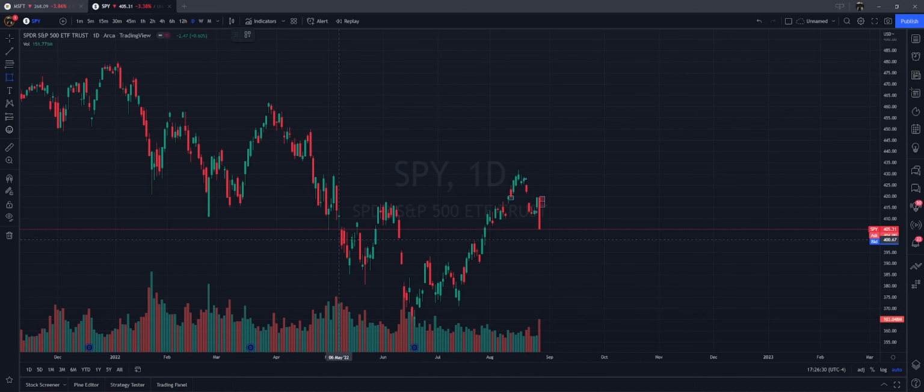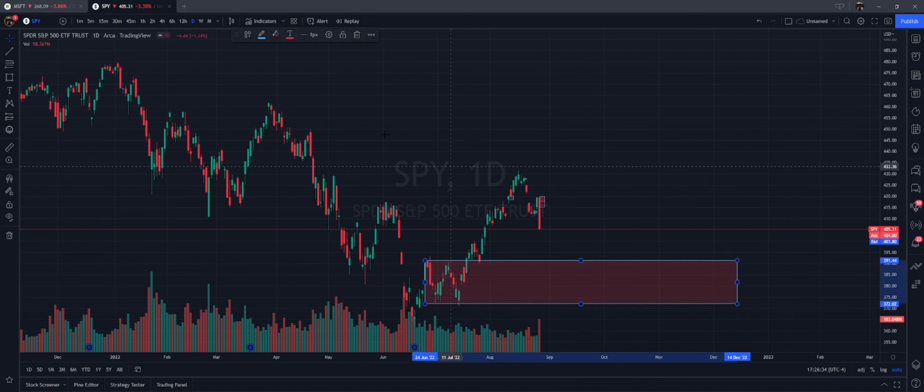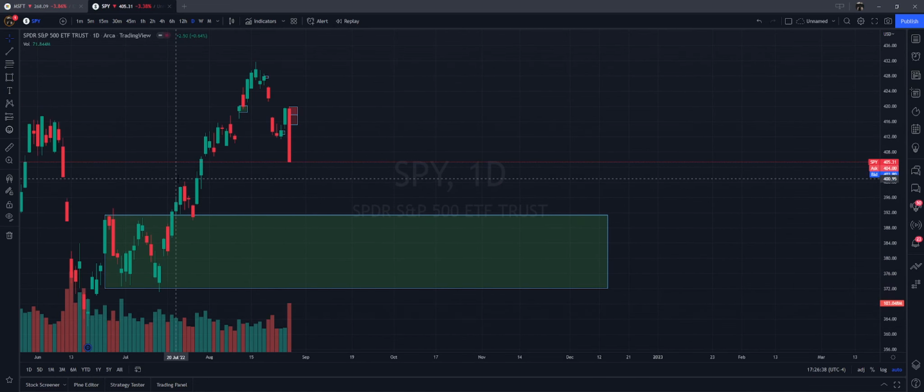This is a big demand zone because it broke out of it, retested, and then went back up again. We might see some bounce over here right at this level.